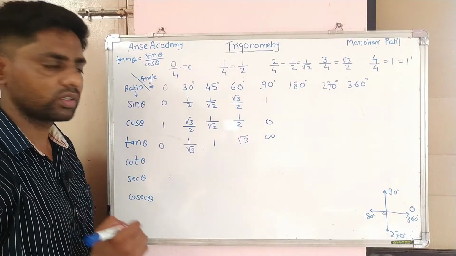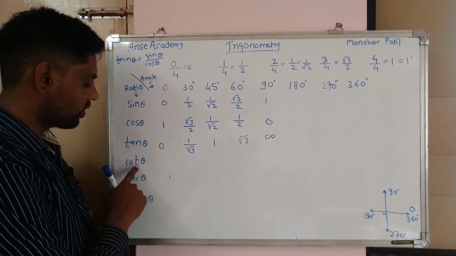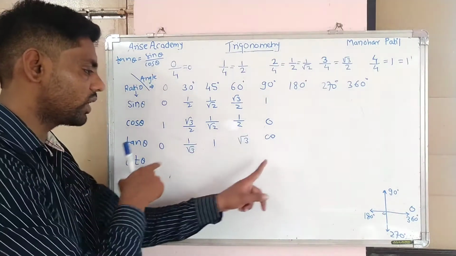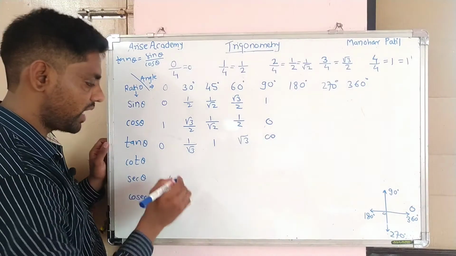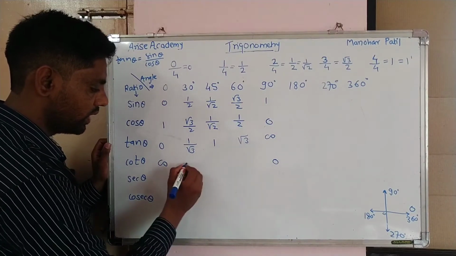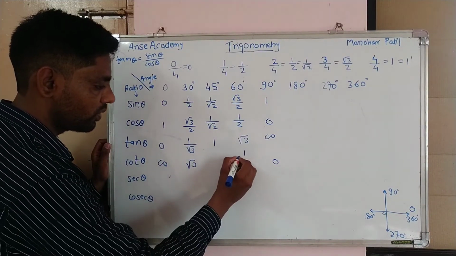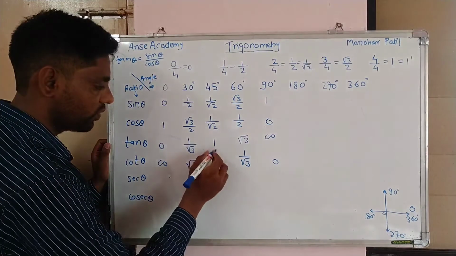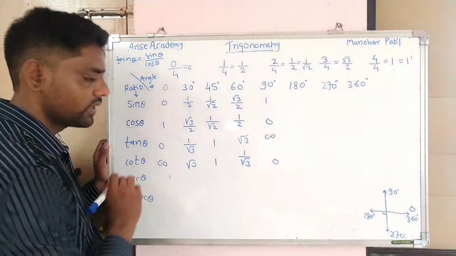Once you find the values of tan theta, for cot theta you just write them in reverse: infinity, root 3, 1, 1 upon root 3, 0, and for 45 it becomes the same.